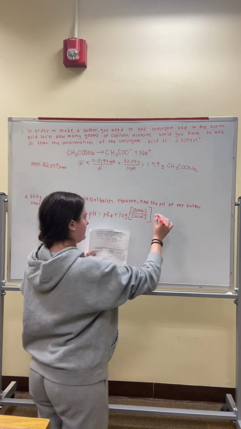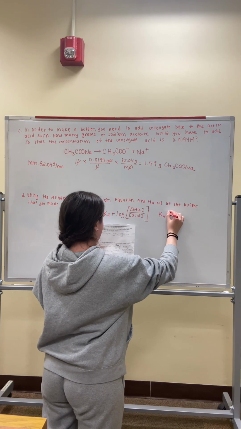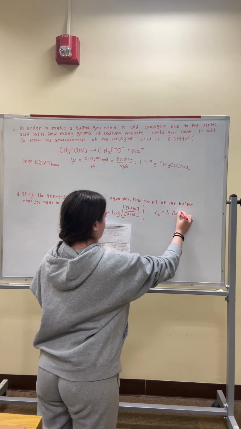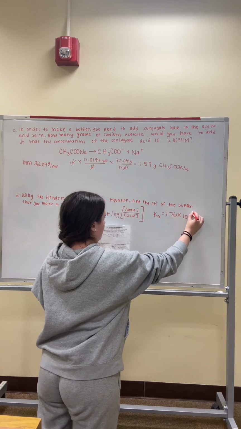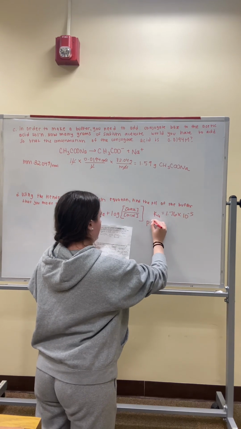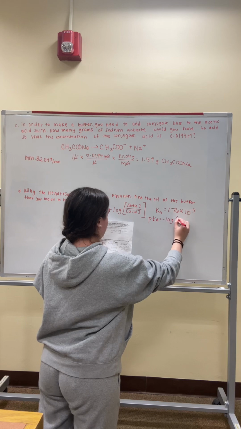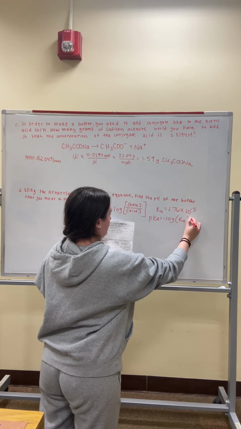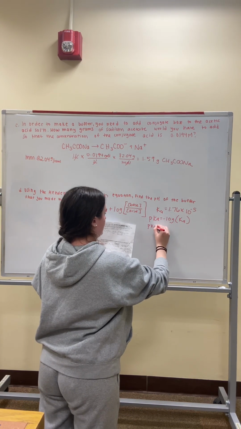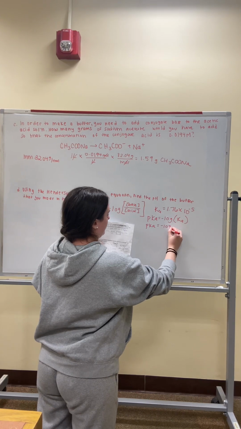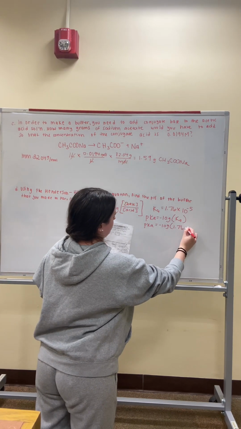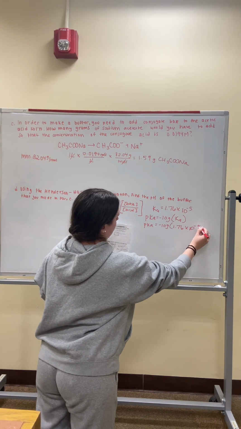We know the Ka of acetic acid, like we had above, is 1.76 times 10 to the negative fifth. pKa is equal to negative log of Ka. So we know pKa is going to equal negative log of 1.76 times 10 to the negative fifth.